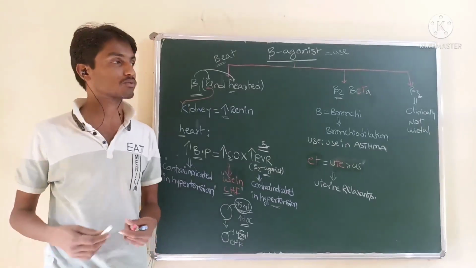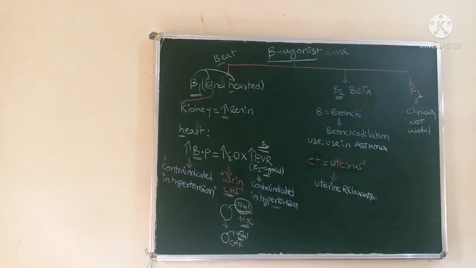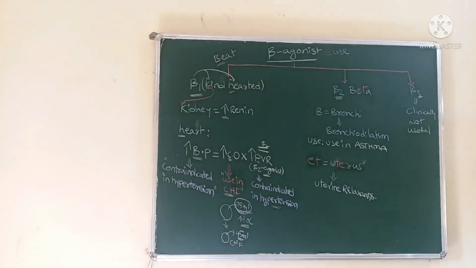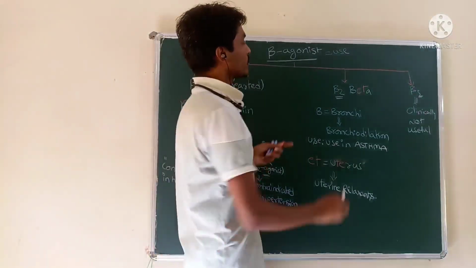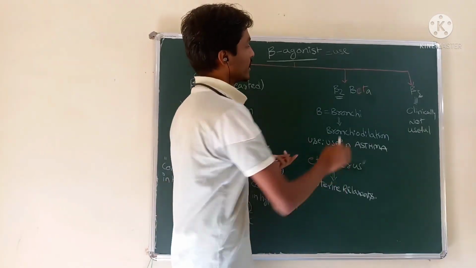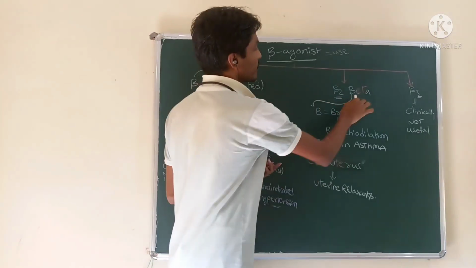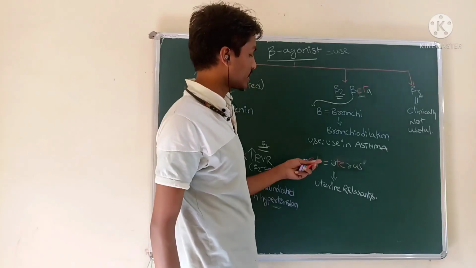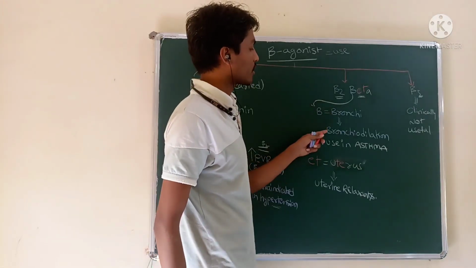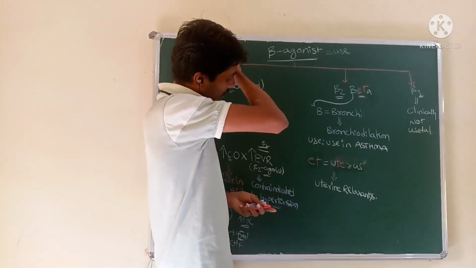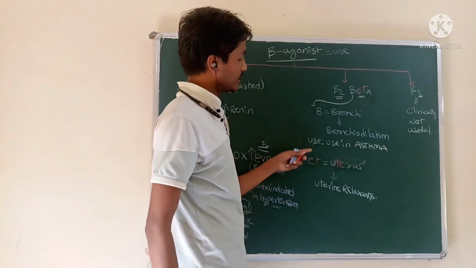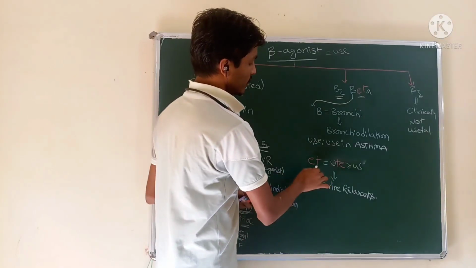Next one is the beta 2 receptor. Beta 2: B is nothing but bronchi, and the other is uterus. Bronchodilation. On the uterus, what will it do? Uterine relaxation. The uterus gets relaxed, hence we can use it as a uterine relaxant.